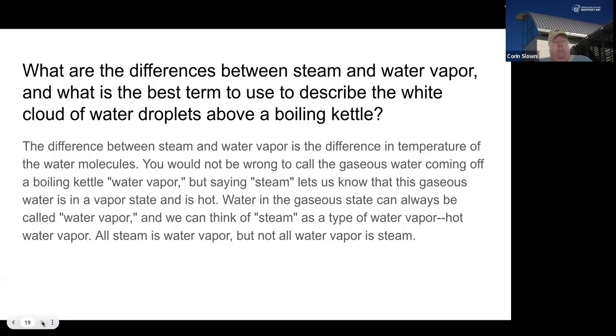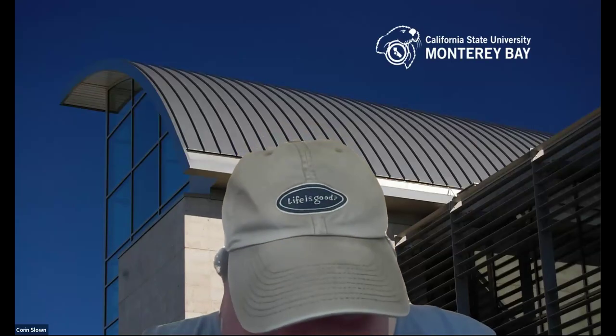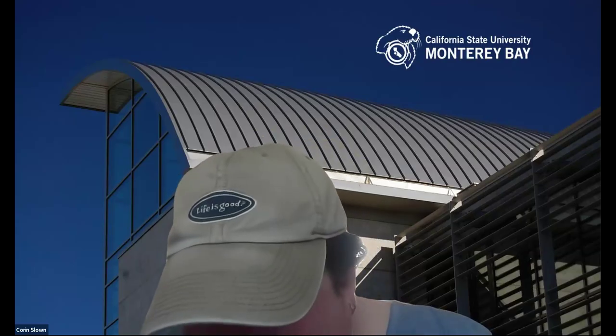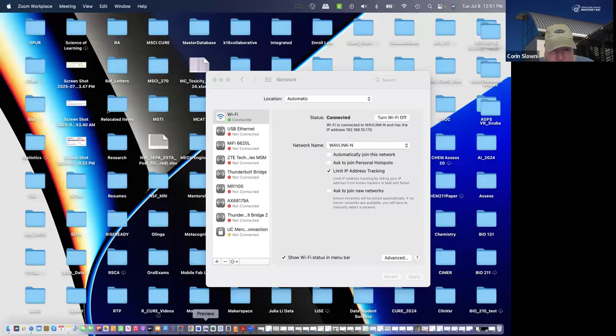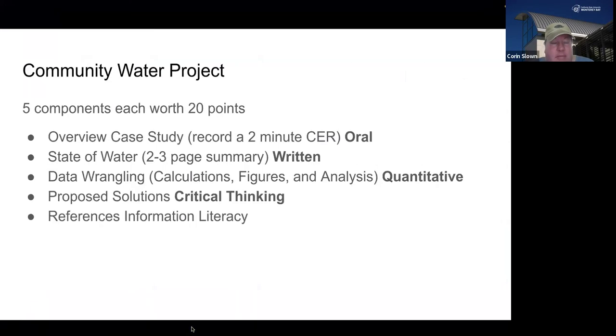Okay, I want to pause here and switch to our Canvas page because I have two pieces of information that I want to make sure to share with you all. On Thursday, we're going to do an example of the overview case study.